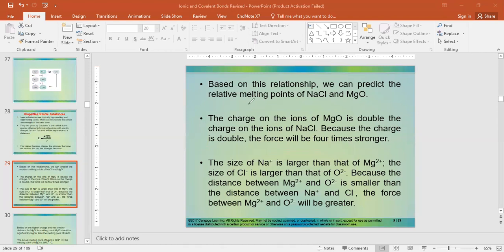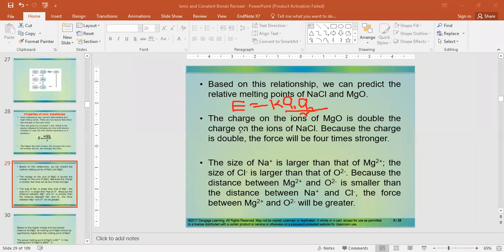Let me repeat. We are using energy. Energy is equal to K Q1 Q2 all over R. Are we together there? You have seen this equation?